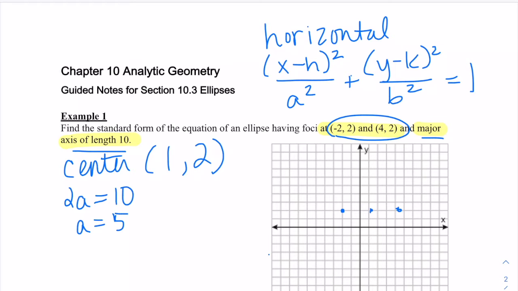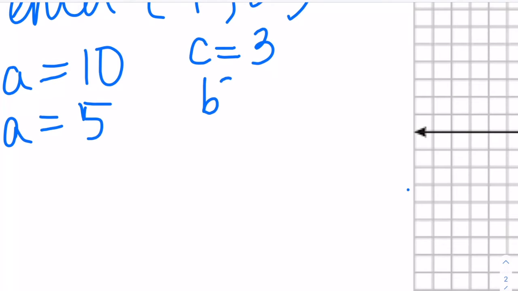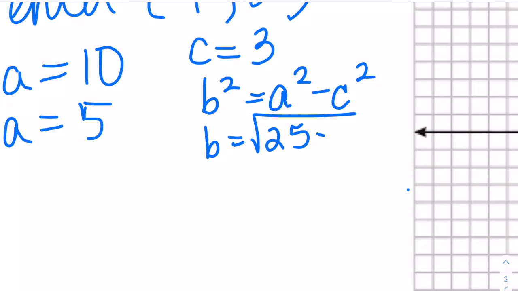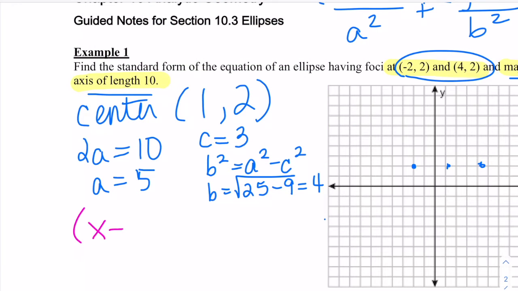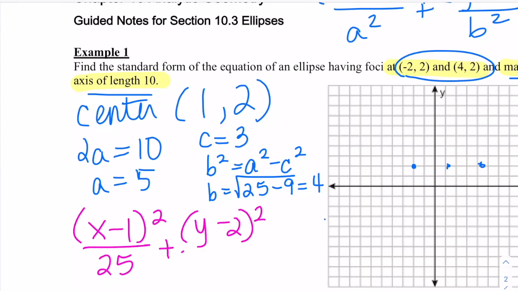So c equals 3. b squared equals a squared minus c squared. So b must equal the square root of 25 minus 9, which equals 4. The equation will be (x minus 1) squared over 25 plus (y minus 2) squared over 16 equals 1.